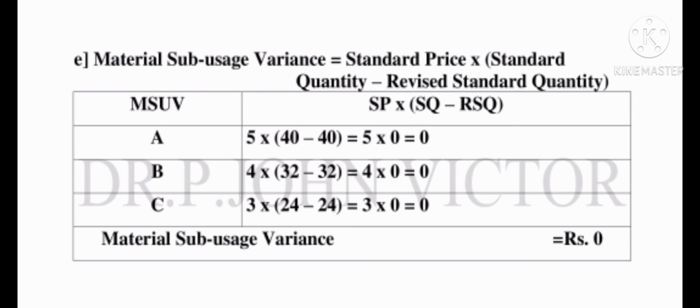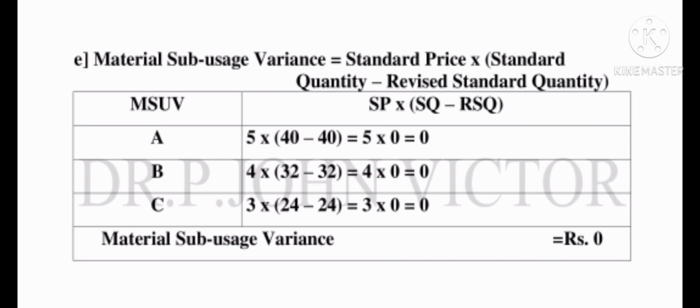Now see all three products A, B, C. I have taken the standard price value 5 for A into standard quantity 40. The revised standard quantity is also 40, because we calculated it in the material mix variance, where we identified that the revised standard quantity value of A is also 40.